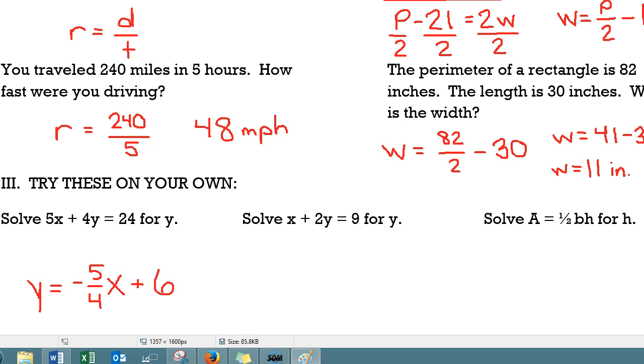All right, there's the first answer. See how you did. Here's the second answer. They both come out to fractions there. Both terms on the right come out to fractions. That's okay. And there you go.